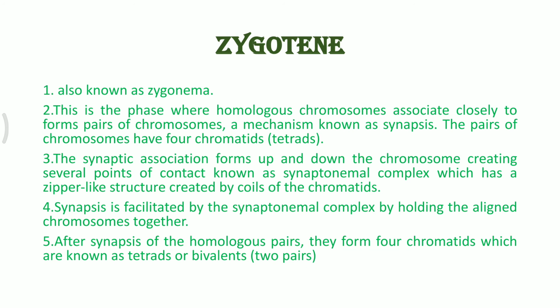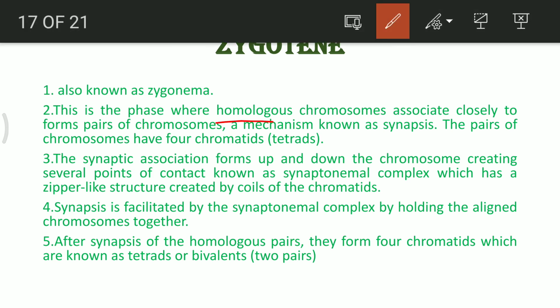Next is zygotene. It is also known as zygonema. This is a phase where homologous chromosomes get associated closely to form pairs, and this process is known as synapsis. It means just pairing. So four chromosomes come together.